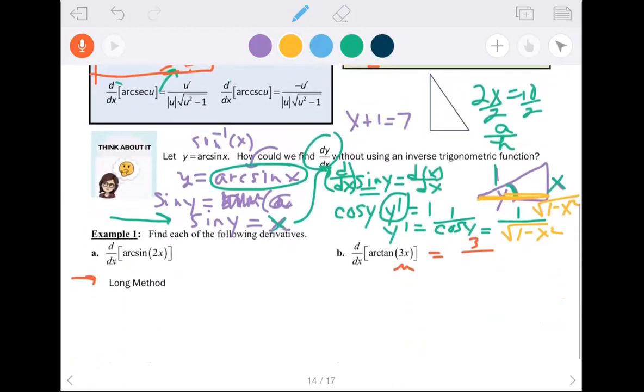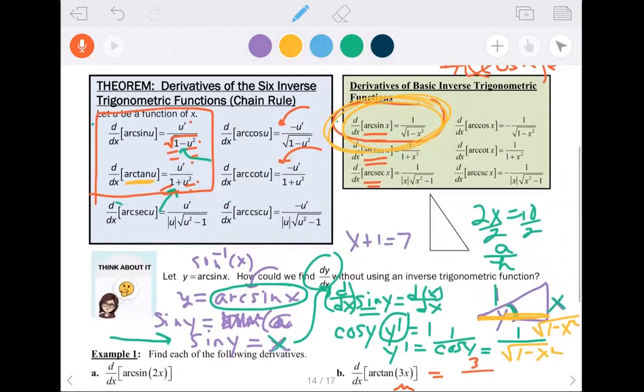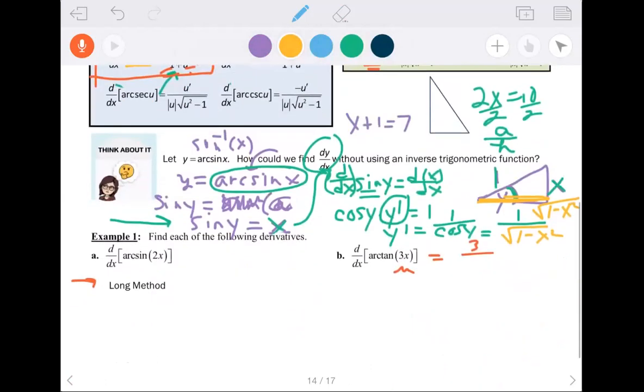Now, had this been a u, a function of x, instead of actually x, watch how it would have changed. This would have been u. This would have been u. On my picture, this would have been u, function of x, right?